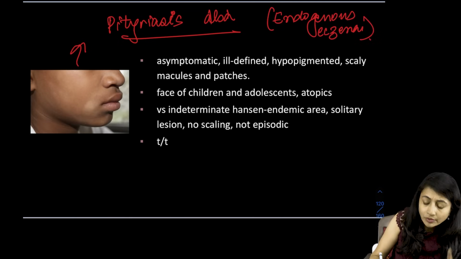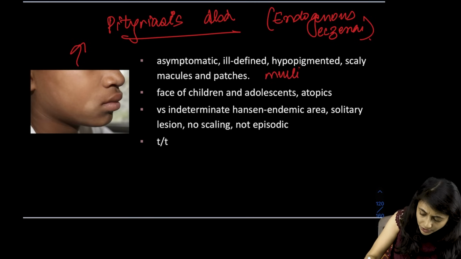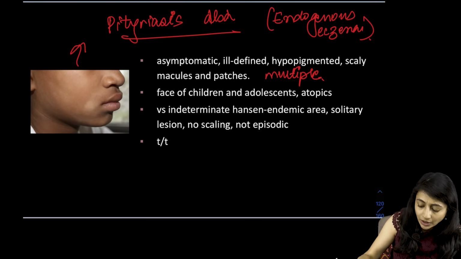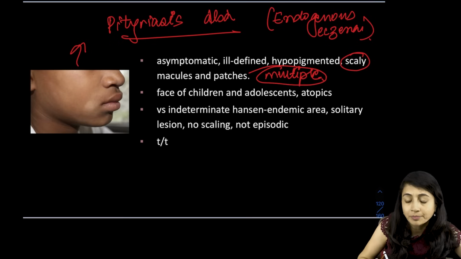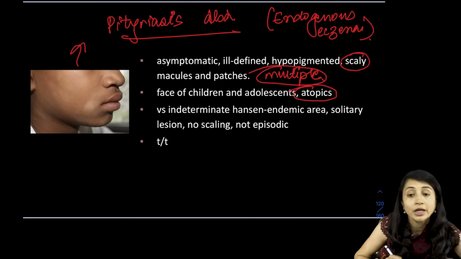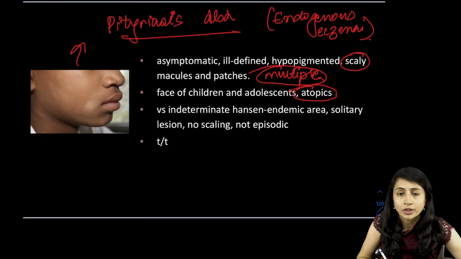Now, typically, what are the pointers here? One, there are multiple lesions. Lesions may be hypopigmented, they are ill-defined. That can happen with other DDs also. But they are multiple and mildly scaly. And there may be a history of atopy. So these 3 are important pointers: multiple lesions, mildly scaly, and atopic.